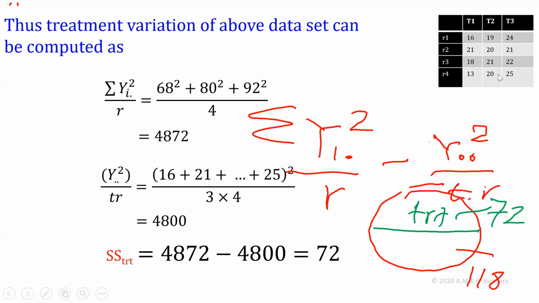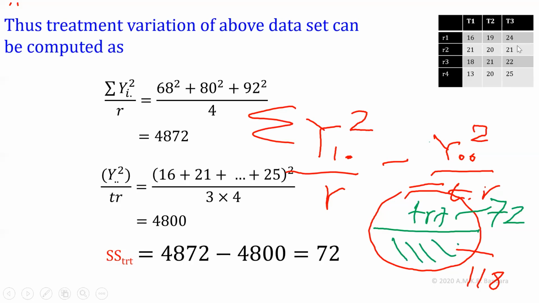So from the total variability 118, the between treatment variability is 72. So this part is within treatment variability.